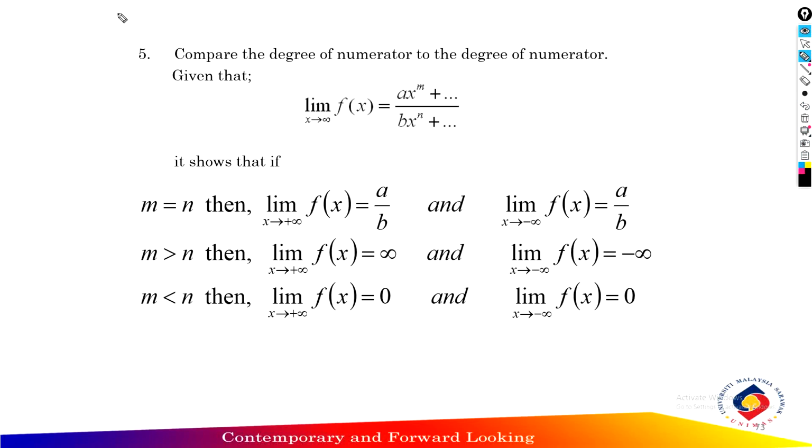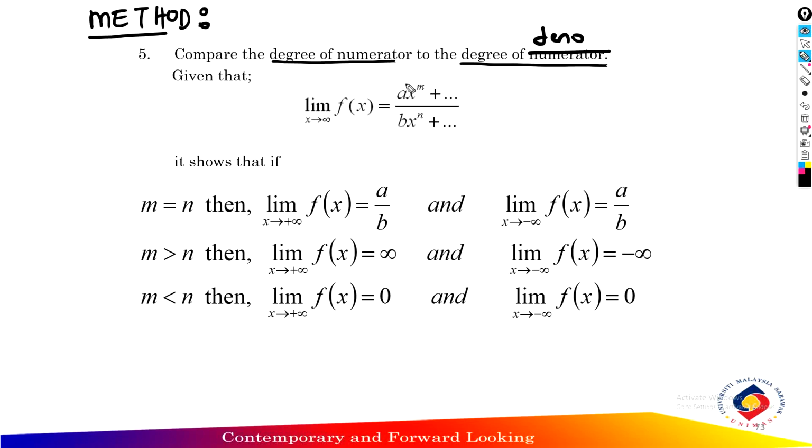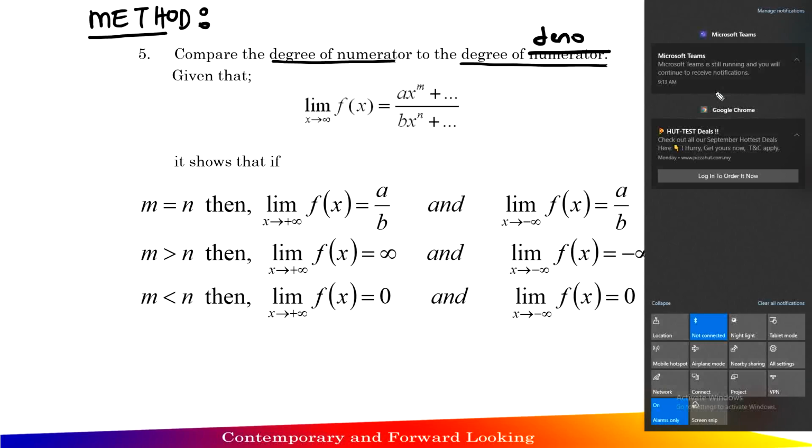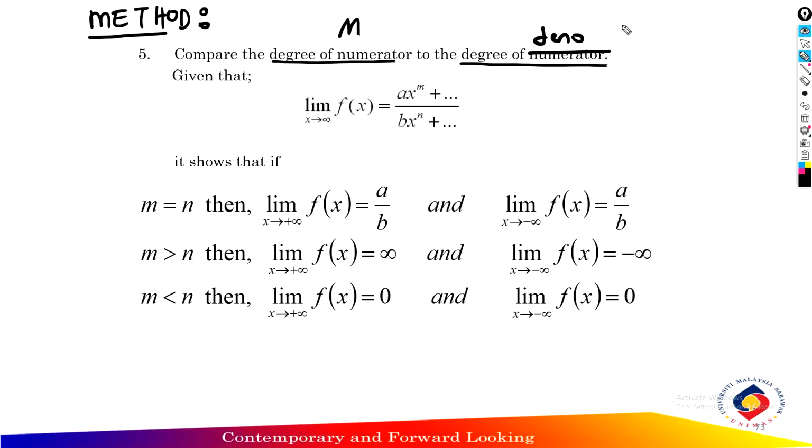First method: you just compare the degree of the numerator to the degree of the denominator. The degree of the numerator equals m, and the degree of the denominator equals n.